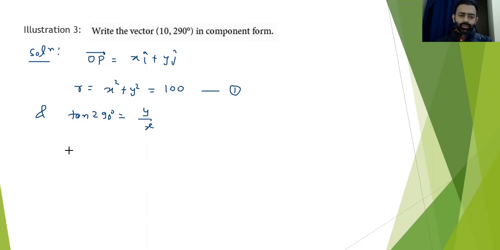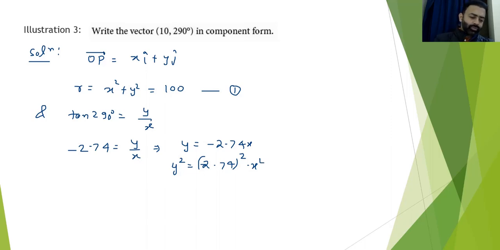Okay, so minus 2.74 is equal to y by x. That means y is minus 2.74x. That means y square is minus 2.74 whole square into x square. Okay, if I square this, you will get 7.54. So y square is 7.54 x square.